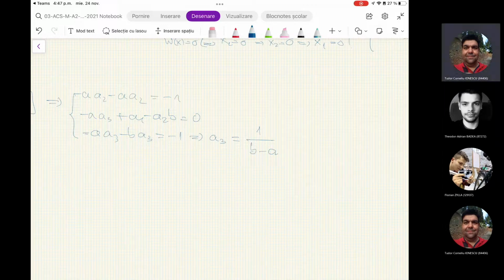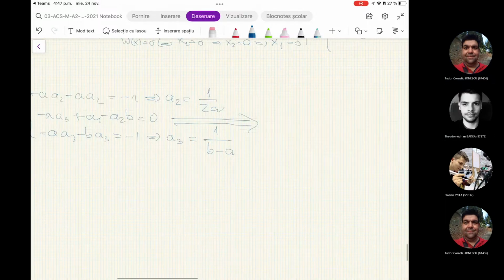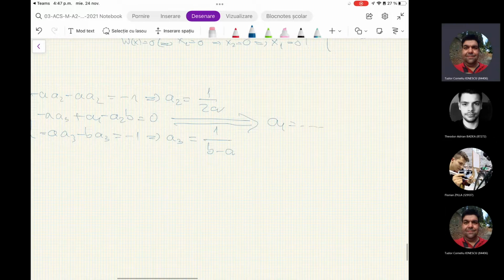And here you get that A2 is 1 over 2A, something like this. I hope I'm right. I'm not sure if I'm getting this right. And then here you'll get A1 to be something.